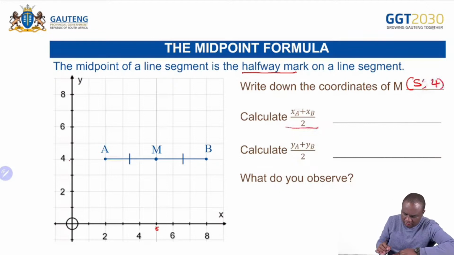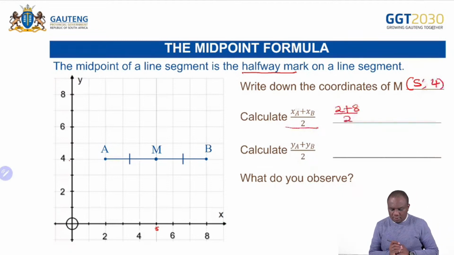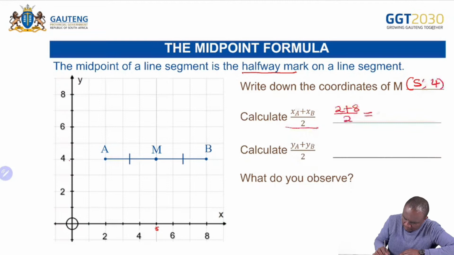Xa is what? 2, isn't it? 2 plus xb. xb is 8. 2 plus 8 is 10. Then 10 divided by 2 is 5. Okay, we'll answer this part later.